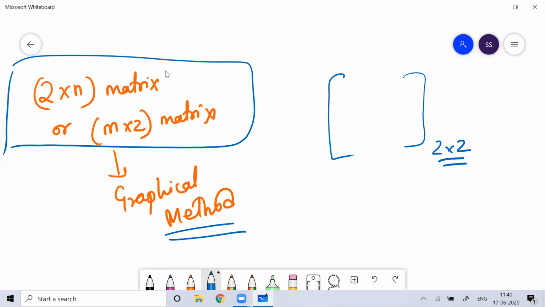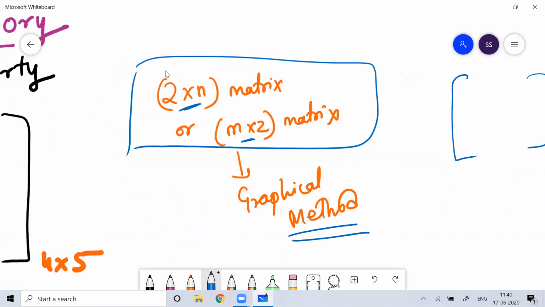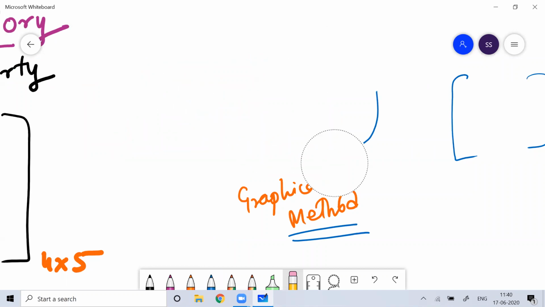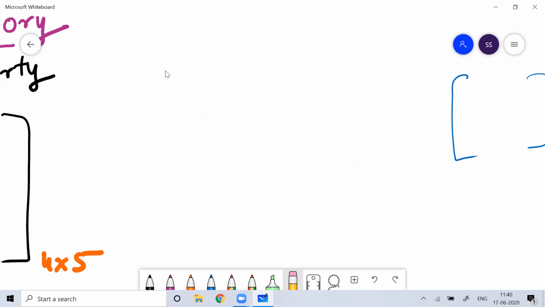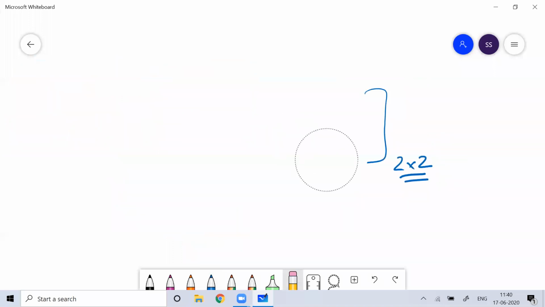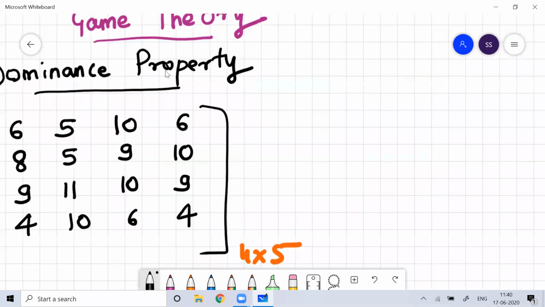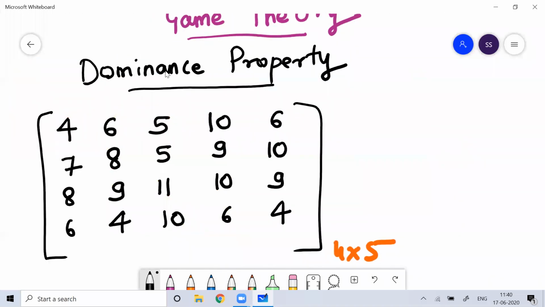We can use the graphical method if the matrix is 2 into n or m into 2. Here we cannot use the graphical method either. So then the given problem can be solved by using the dominance property.